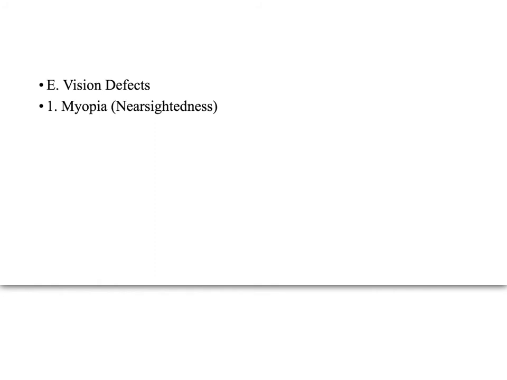So let's talk about a few vision defects. First of all, normal vision is 20/20. Okay, and so we'll be looking at an eye chart and explaining what those numbers actually mean in a minute. If someone has myopia or nearsightedness, then they can't see very clearly when they're looking at distant objects, but they can look at something up close.